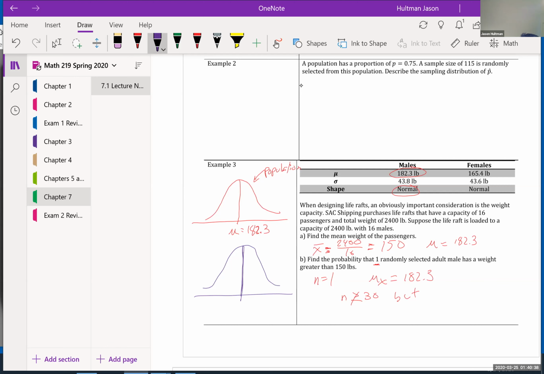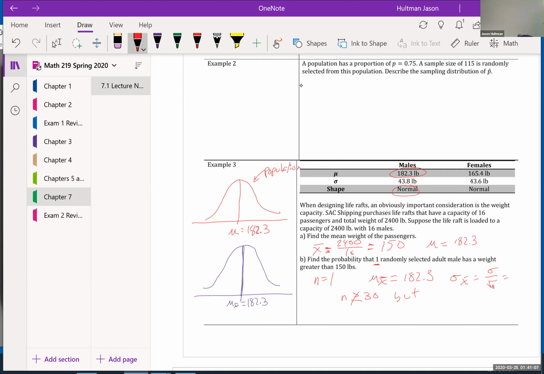And it's going to be 182.3. Mu of x bar, it should be x bar. Okay, mu of x bar is equal to 182.3. Okay, and at the same time, what's going to be my new sigma x bar? Well, it's going to be sigma over the square root of my sample size. Well, what's my sample size? It's 1, right?